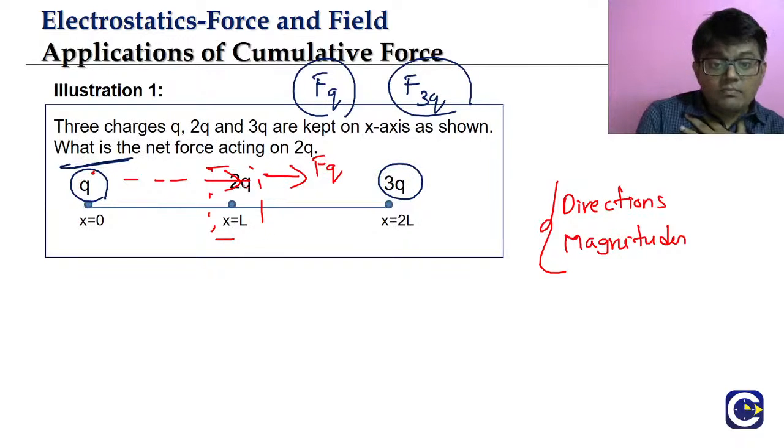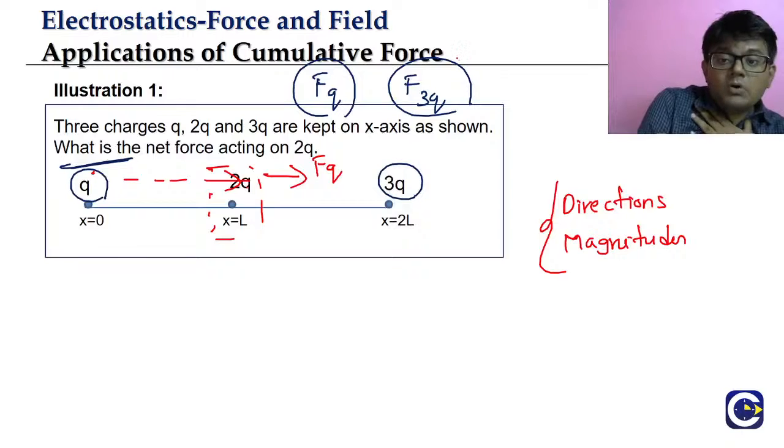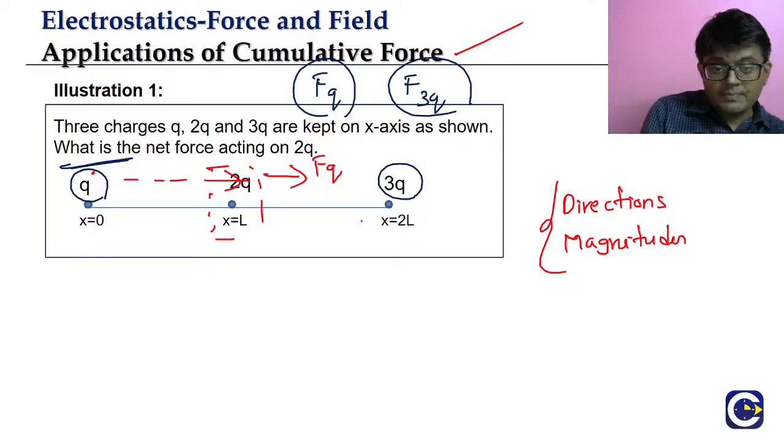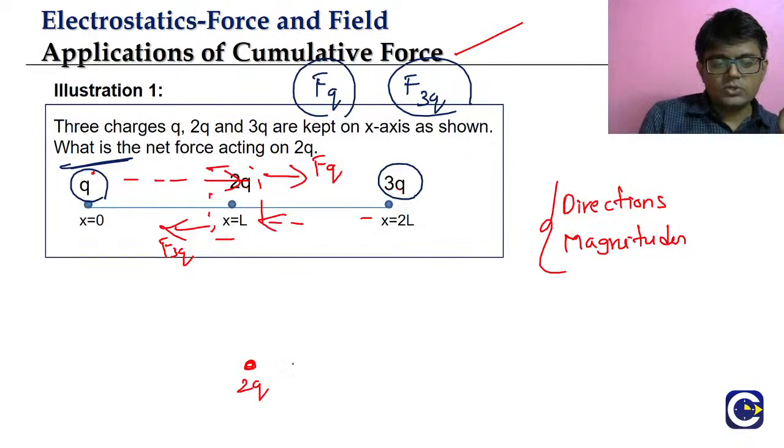because of the charge q on charge 2q. Okay, next we look at what about the force due to the 3q charge. இங்க பாருங்க, 3q and 2q are like charges தானா? So 3q also will repel 2q. இது எப்படி வரும் பாருங்க, it will repel. repel ன்னு சொன்னா it will be away from 3q. So I'll just write down here. 2q charge will experience two forces. என்னன்னா?